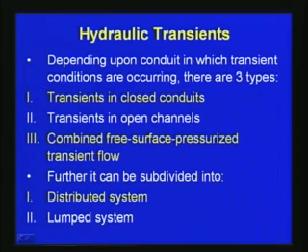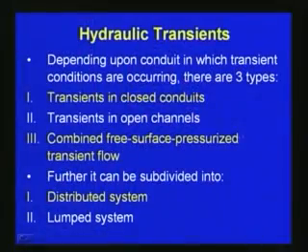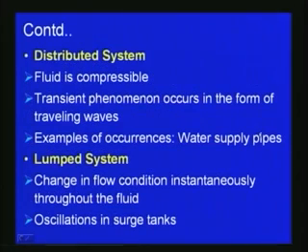In this lecture we are only discussing the transients in closed conduits, and also whether the fluid mass is distributed, as in the case of pipe flow, or lumped, as in the case of a surge tank. We can classify the hydraulic transients into a distributed system and a lumped system. These are some of the classifications with respect to hydraulic transients.